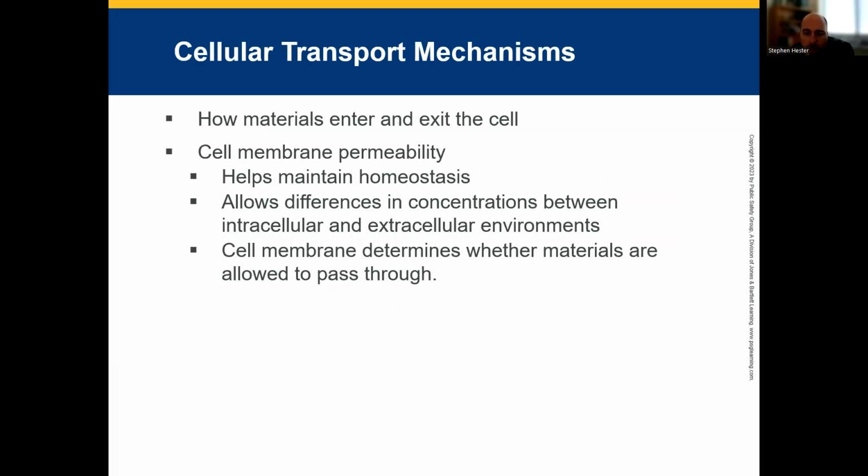All right, cellular transport mechanisms refer to how materials enter and exit the cells. All cells try to help maintain homeostasis. Electrolytes are chemicals that are dissolved in the blood and are made up of salt and acid substances. The cell membrane determines whether materials are allowed to pass through.